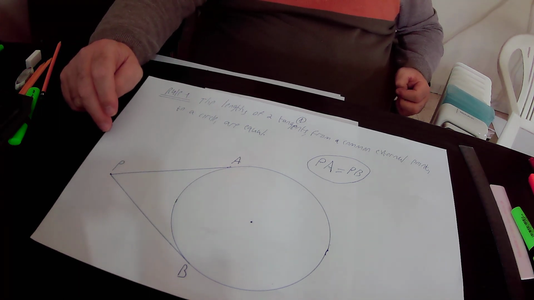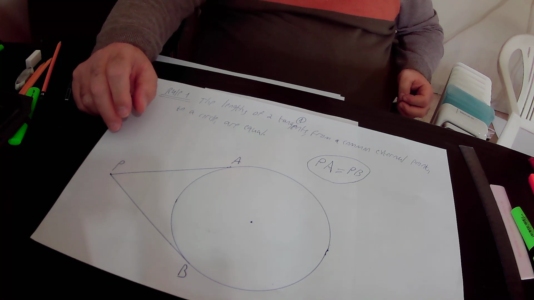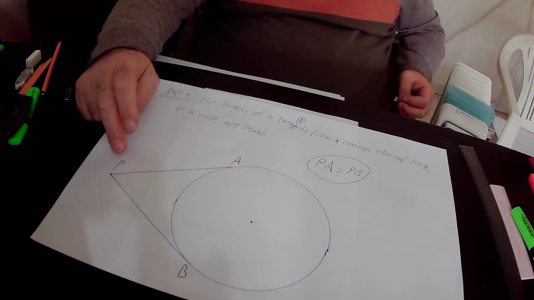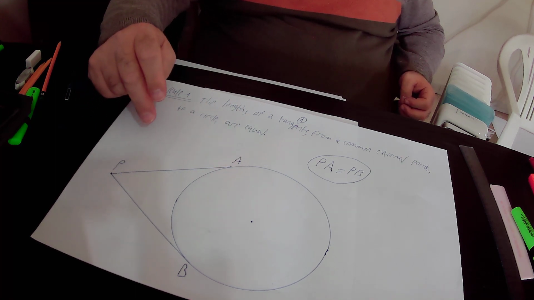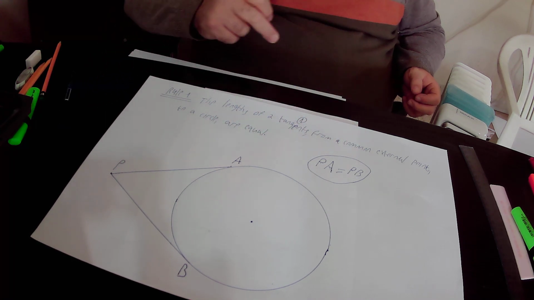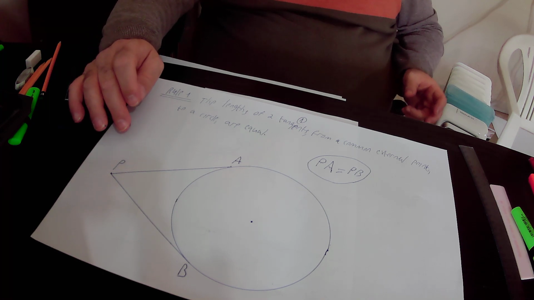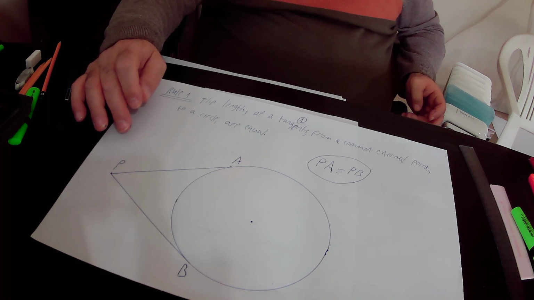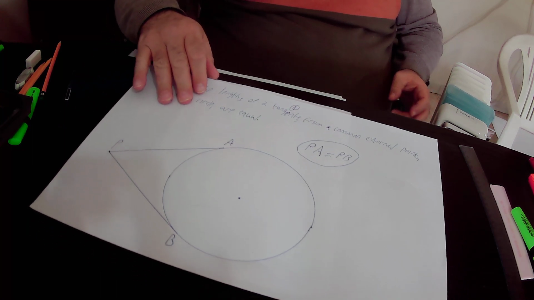Then, according to rule number 1, the lengths of those two tangents will be equal to each other. That is to say, PA will be equal to PB. So whenever you draw two tangents to a circle from a common external point, the length of those two tangents will be equal to each other. In this case, PA is equal to PB.